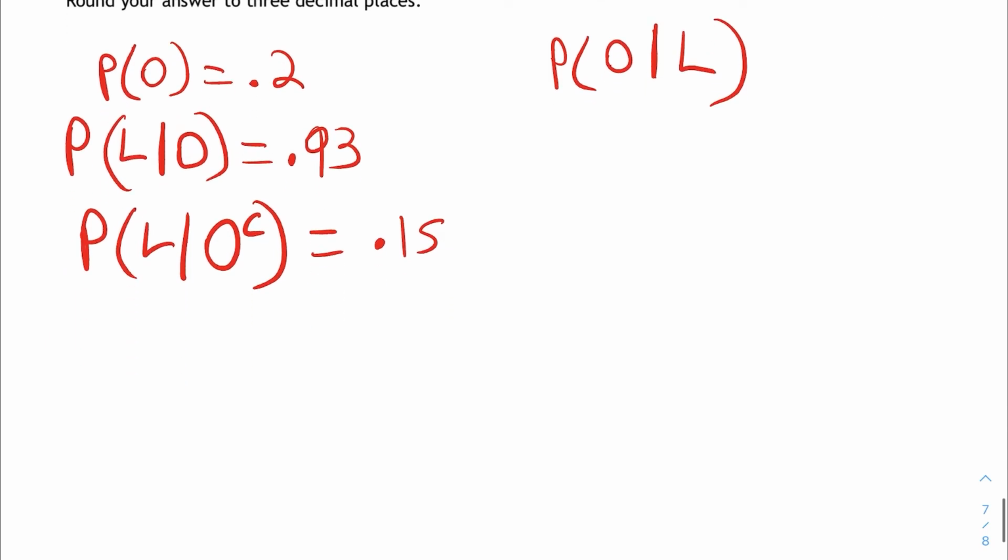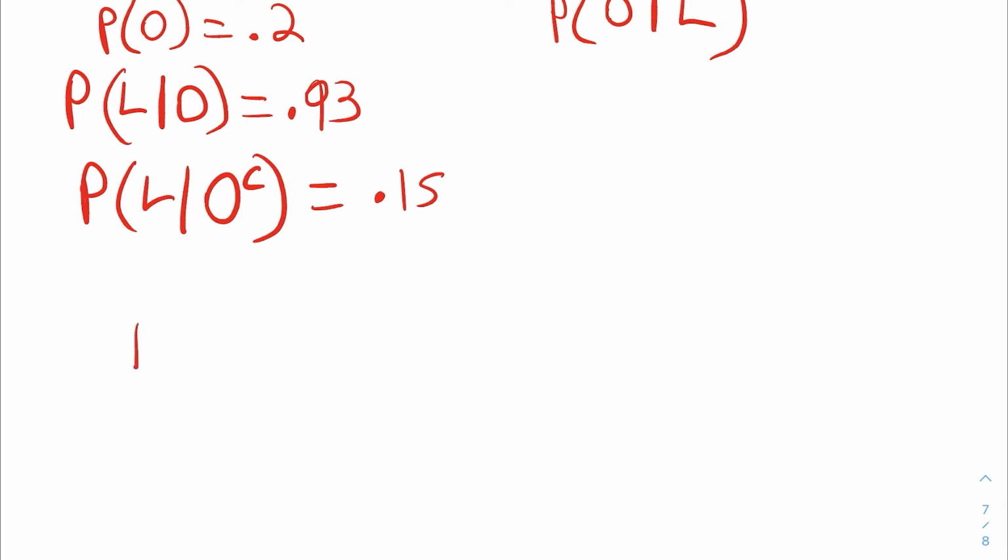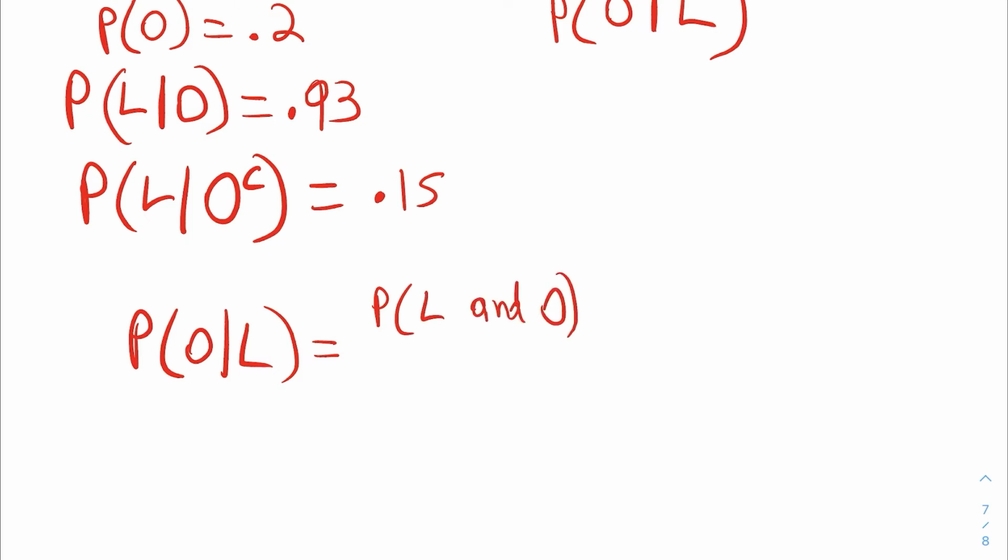So the probability of being on time given that she has her luggage is equal to the probability of having the luggage and being on time, divided by the probability of having the luggage. Now if any of these are given, we're golden, but if they're not, we can rearrange them.